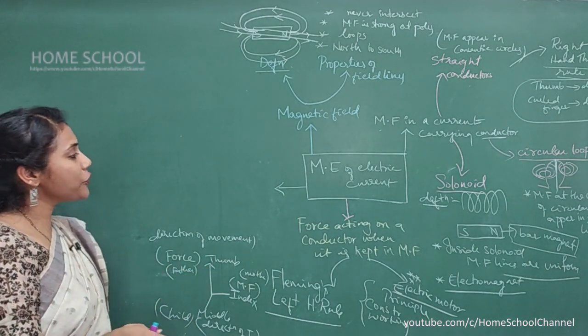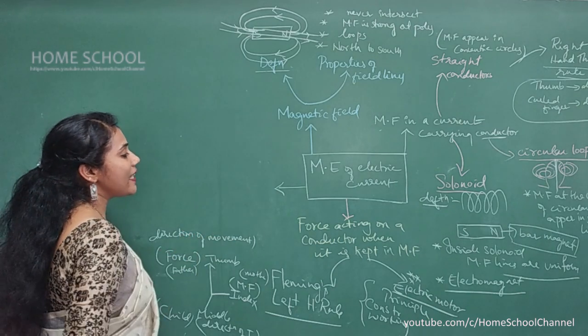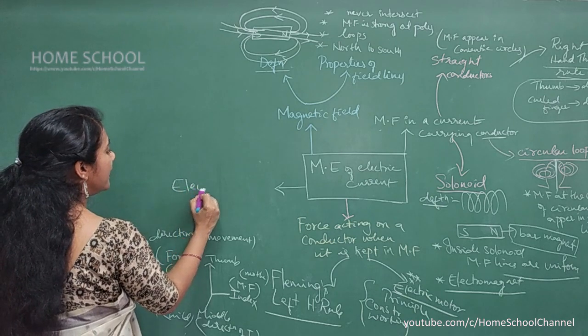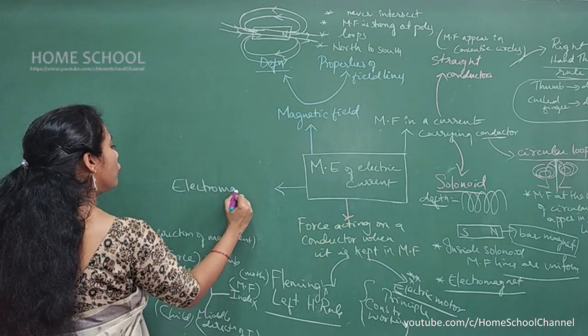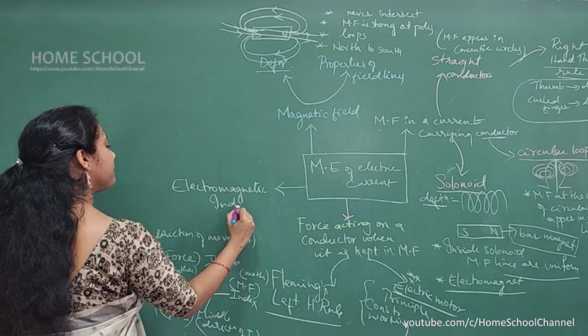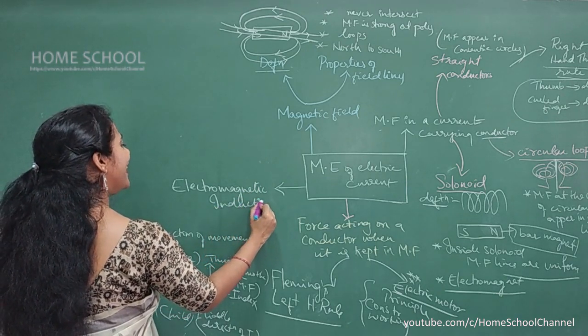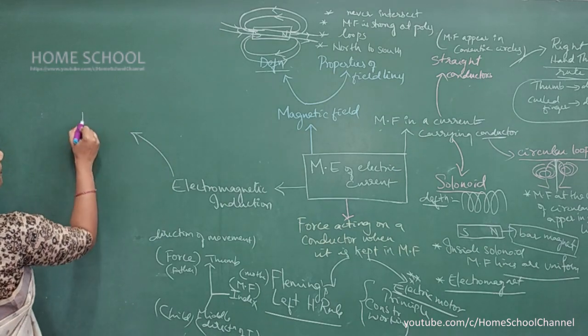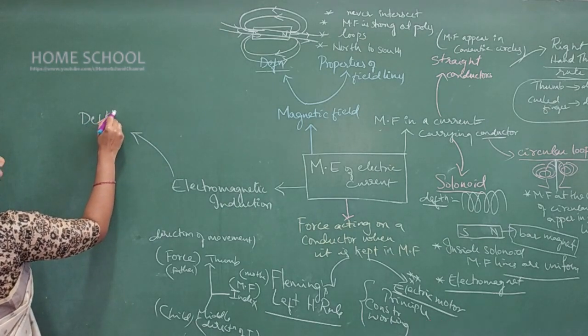And now let us go for another important aspect of the chapter, that is electromagnetic induction. Very, very important. Here in electromagnetic induction, again, two things are very important. First one is the definition.